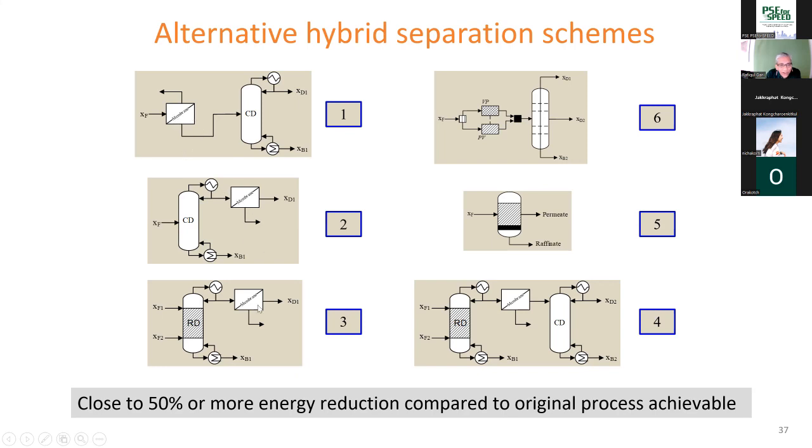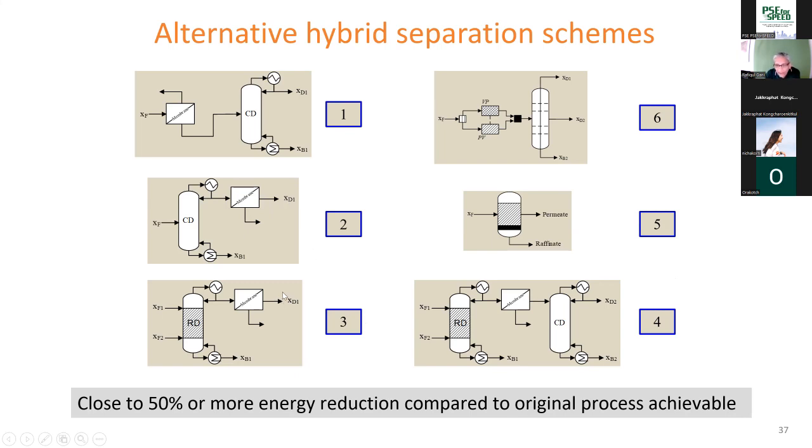The main thing is that if we add a membrane, we need to remove the compound in the smaller amount, because the membranes will work efficiently only when the flux is low. So wherever we put it, we want to take the compound in the smallest amount. And therefore, if we put it here, the compound in the smallest amount is the heavy compound. So we take that out and the light compound becomes purer.